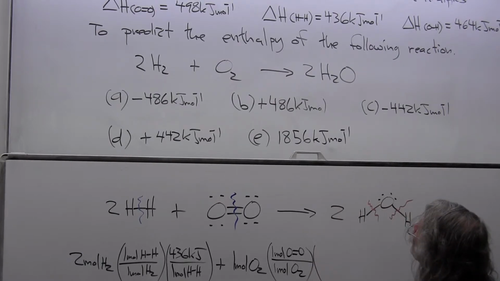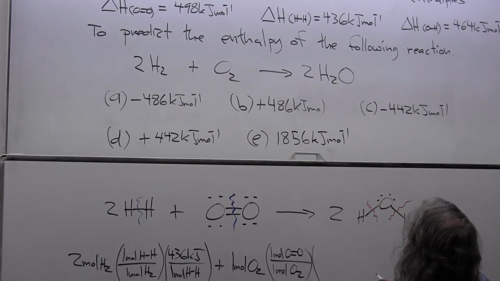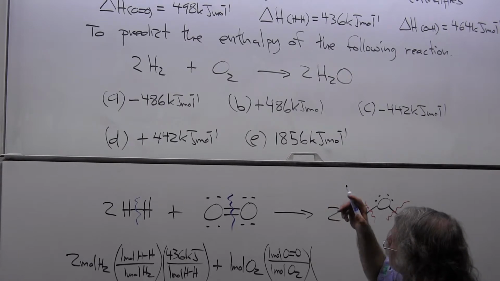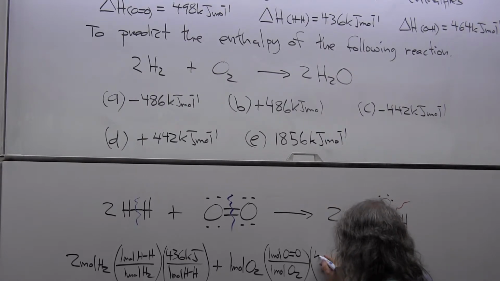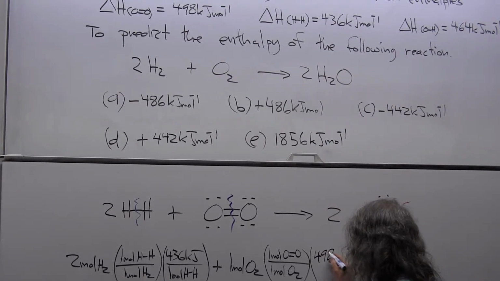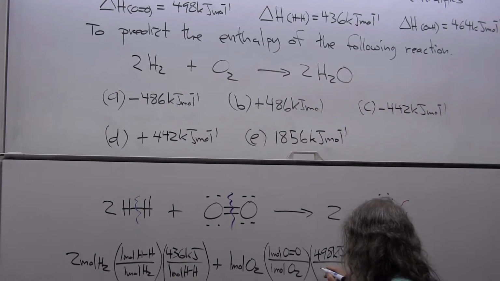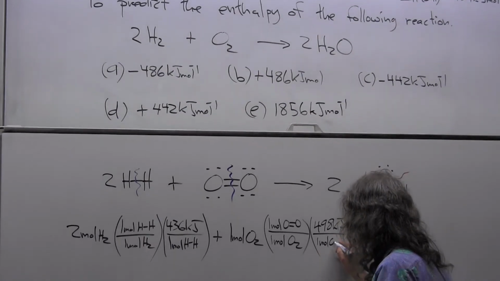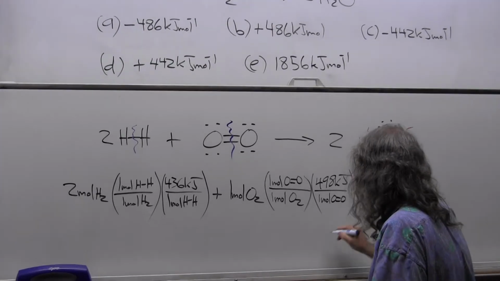And dissociation enthalpy for the oxygen double bond is 498 kilojoules for every 1 mole of oxygen double bond.